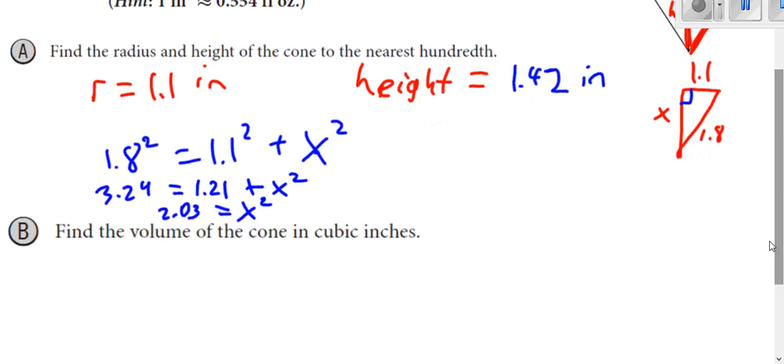So now that you know the radius and the height, you can find the volume by doing the area of the base, pi r squared, times the height. But since it's a cone, it's also 1/3 or divided by 3.